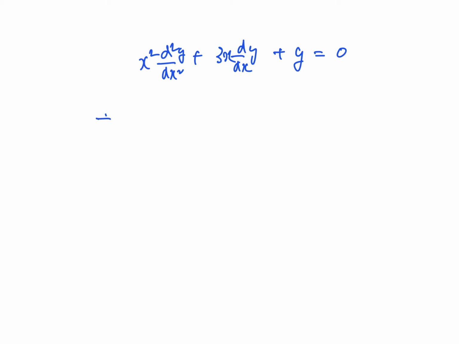Then d/dz(d/dz − 1)y + 3 dy/dz + y is equal to 0, right?